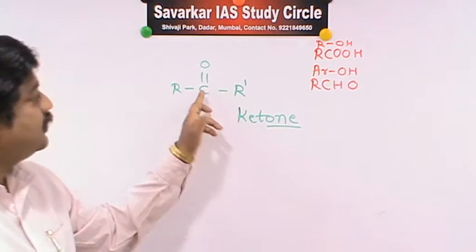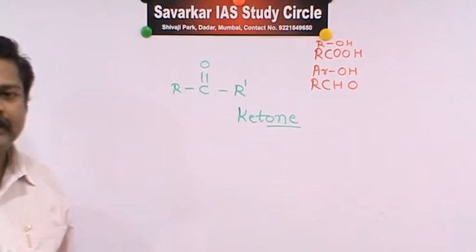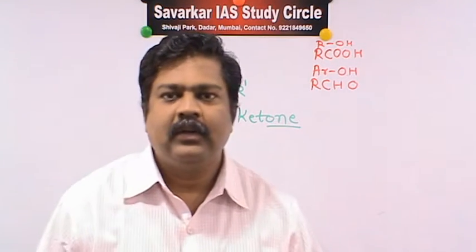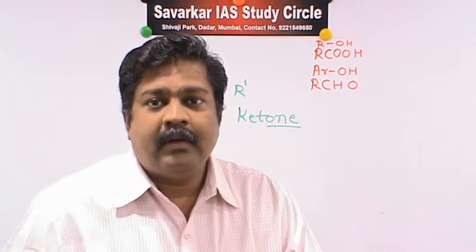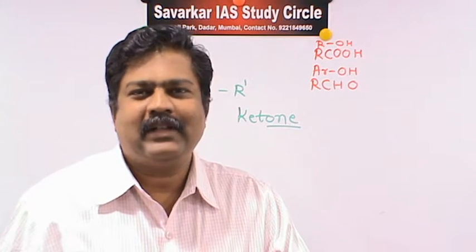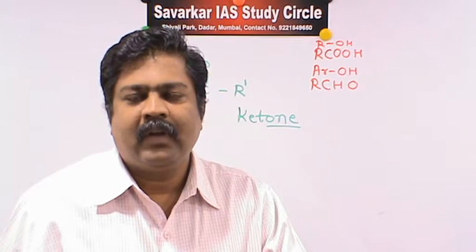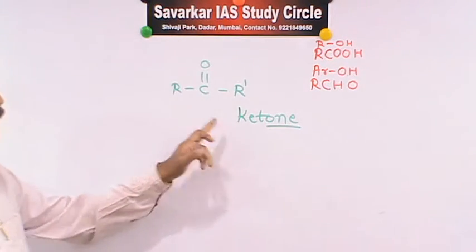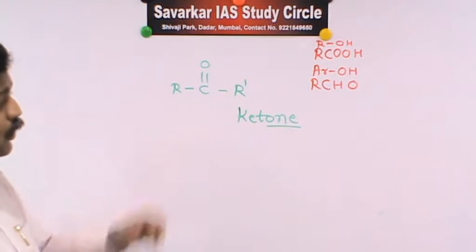So acetone belongs to this category. Acetone is a very good solvent, and not only nail paint but various other inks, or even ball pen ink, can be removed with the help of acetone. So this is acetone, a ketone.